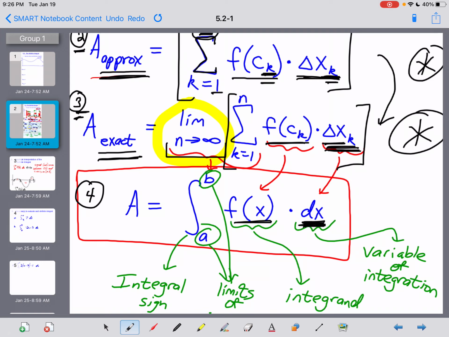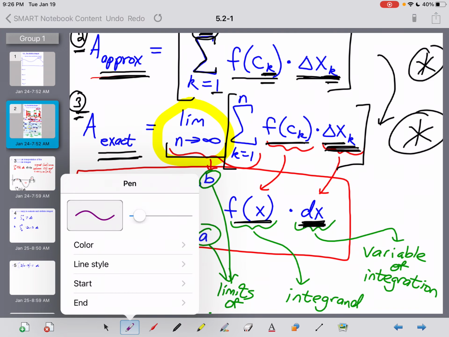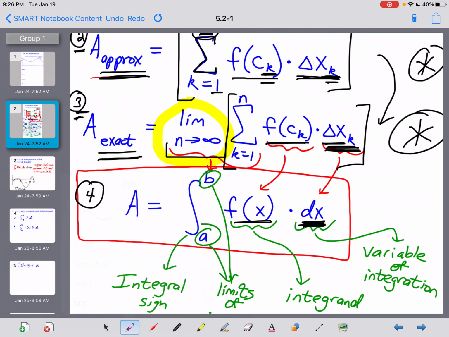And now, here's the really fun part. This big mess out here, the limit as n approaches infinity of the summation from k equals 1 to n, the infinite sum, got replaced by this nice, efficient little symbol right over here, the definite integral from a to b.